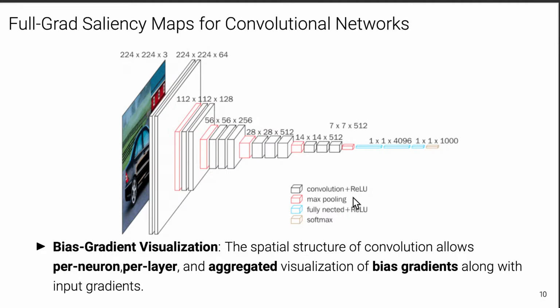It uses a ReLU activation function. What we see is that the spatial structure of the convolutional network allows us to visualize both the input gradients as well as the bias gradients, and we can do this using an aggregation function.